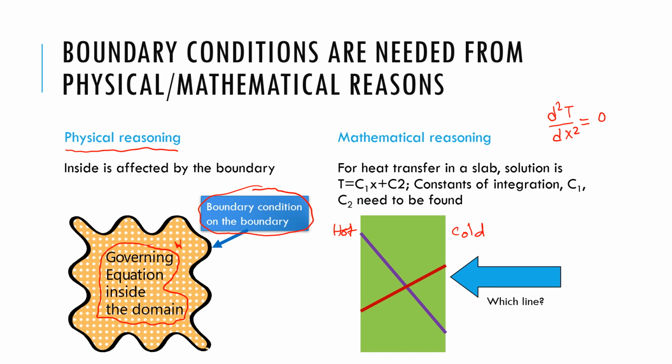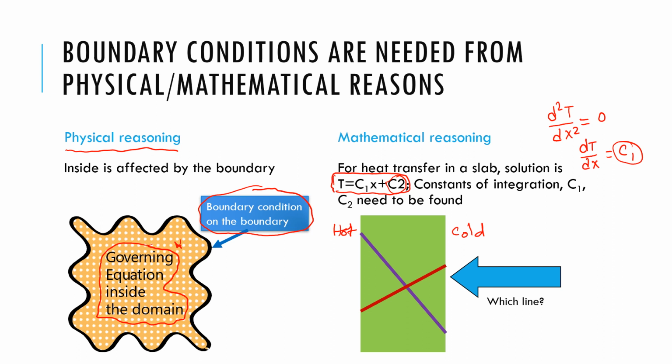If we solve it, dT/dx equals C1, so then T is equal to C1 x plus C2, where C1 and C2 are constants of integration. So they need to be found.